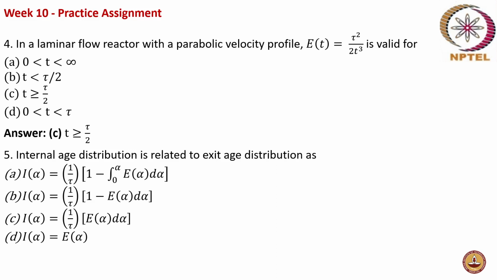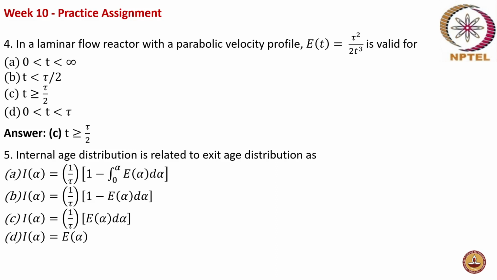The exit age distribution represents the age of the fluid leaving the reactor, whereas the internal age distribution, I of alpha, represents the age of the fluid that is actually present in the reactor between alpha and alpha plus d alpha. There must definitely be a relation between them. So what is that relation?